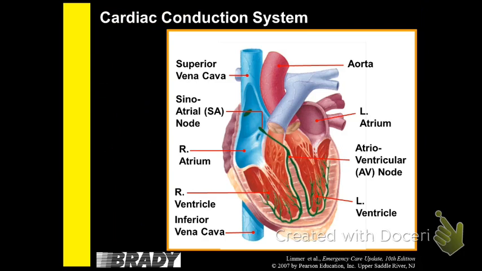When I say the SA node fires, it really means the SA node depolarizes. But those terms are interchangeable. So what happens here in the SA node is it builds up an action potential, and it looks something like this, okay?